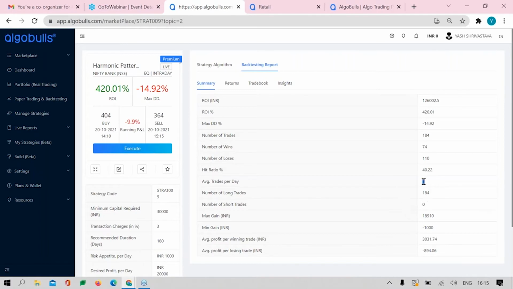This is the kind of detail you could find on our backtesting report, wherein you get to see the number of long trades taken, number of short trades taken, the maximum gain, the maximum loss the strategy has faced, the average profit per winning trade, and the average loss per losing trade. You can find all these details in our backtesting section.